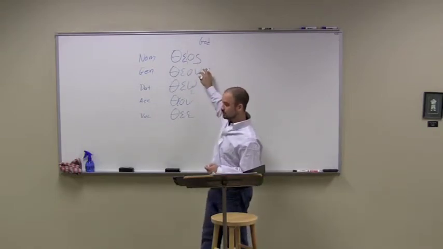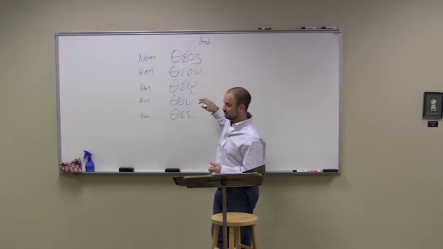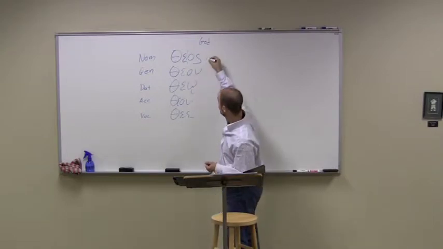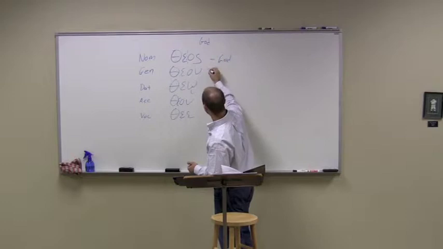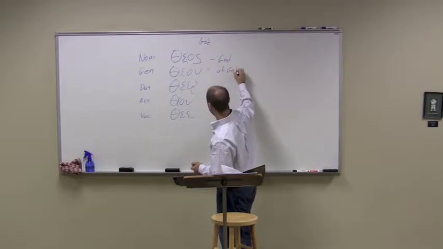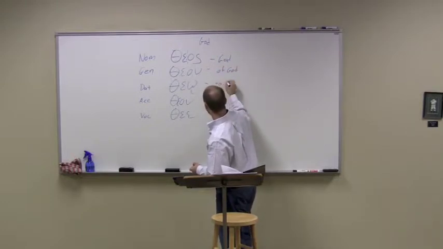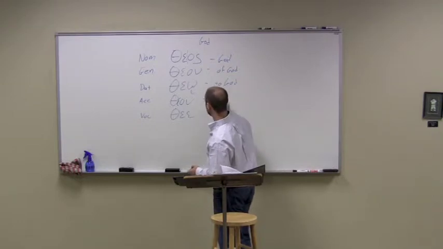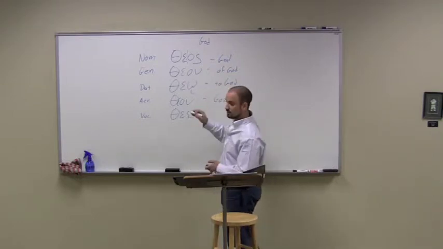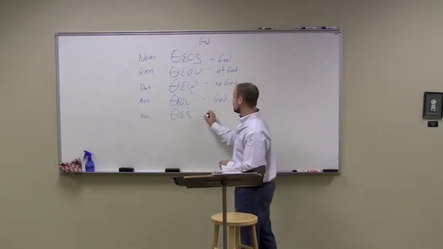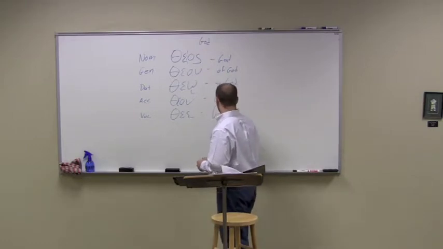These are your masculine singular endings, or your second declension. This simply means God. This means of God. This means to God. This means God as the recipient of the action of the subject. And this means God.